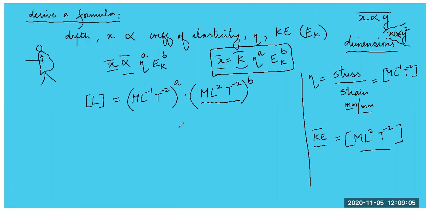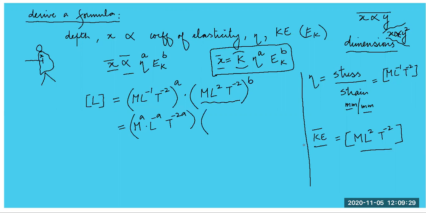Okay, so fine. We will just multiply. It will be M raised to power a, into L raised to power minus a, then T raised to power minus 2a. Multiply a with all the powers.